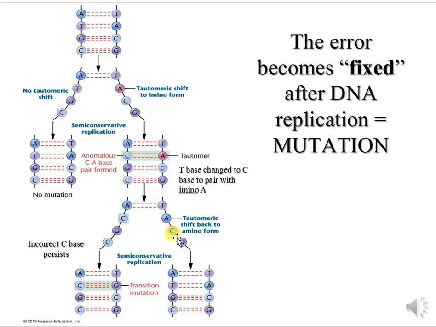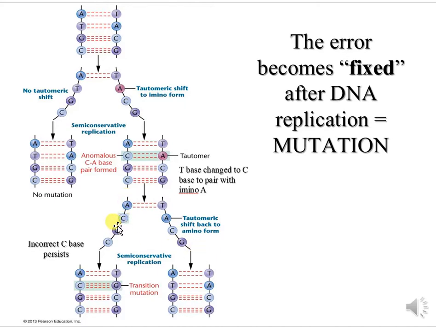So that's all well and good here. This is great for this strand because now you're going to get your regular thymine base. But not so hot over here, right? Because you're still persisting with the cytosine. This kind of goes its own way, this will go its own way.